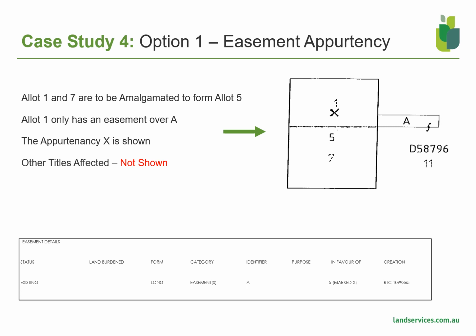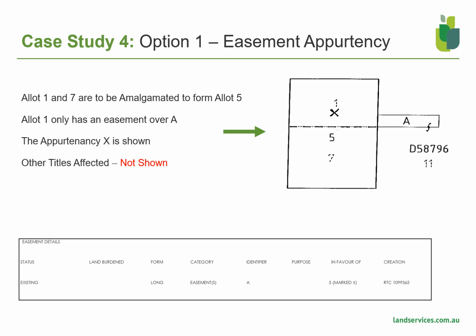In this case study, allotments 1 and 7 are to be amalgamated to form allotment 5. In option 1, only allotment 1 has an easement over the land marked A, and allotment 1 is to retain that easement over A, so an appurtenance is created for allotment 5 marked X, having an easement over A. Therefore, no title is shown in the other titles affected panel.